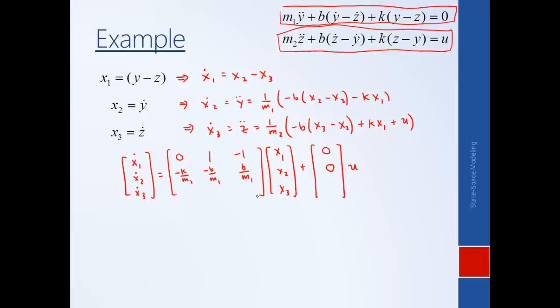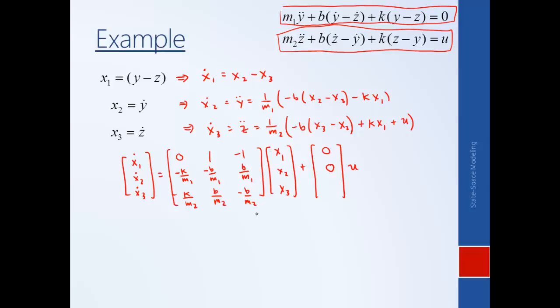And then the last row of my A matrix and my B matrix will come from the last state equation. The coefficient for x1 will be k divided by m2. The coefficient for x2, a negative and a negative will become positive, so I'll have positive b divided by m2, and then the coefficient for x3 will be negative b over m2.